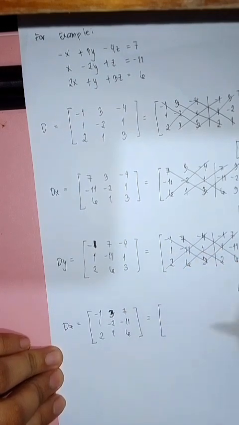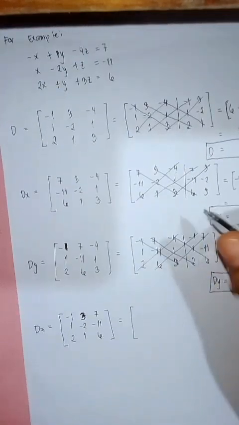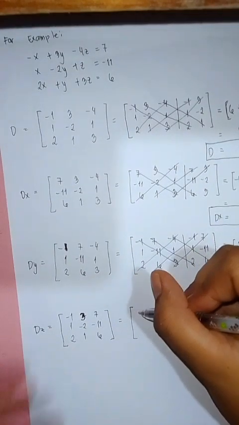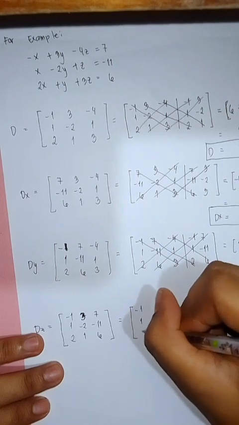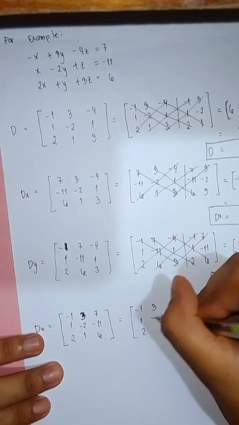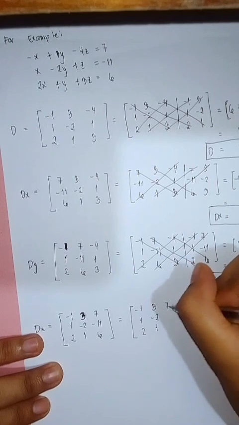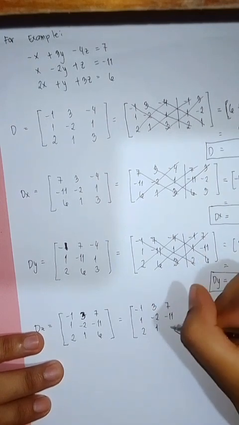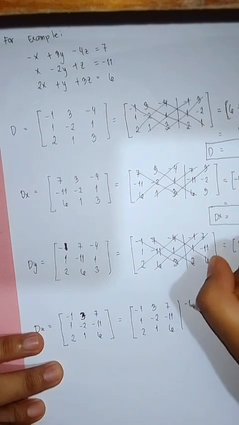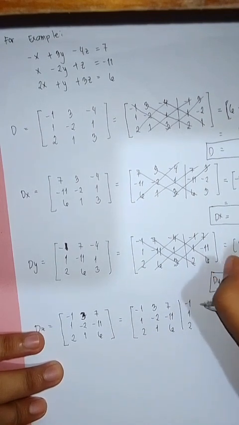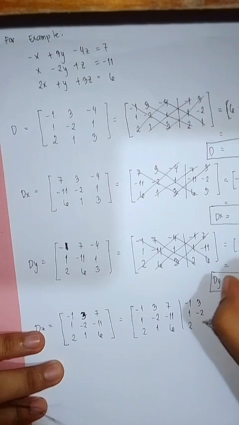And then getting the determinant, same process. We'll copy this matrix and copy the first two columns, 1, 1, 2, 3, negative 2, 1.